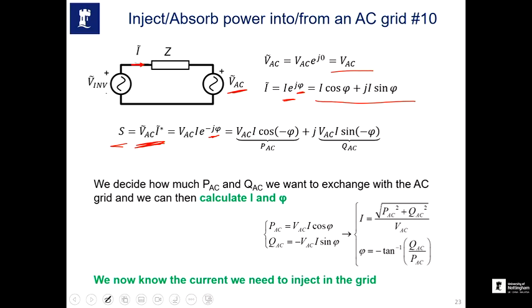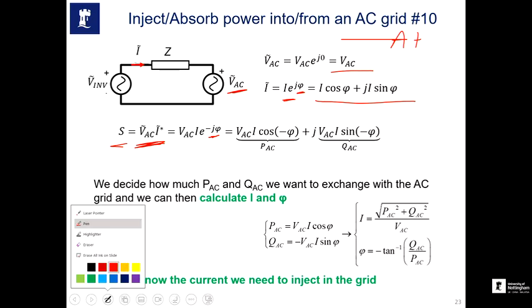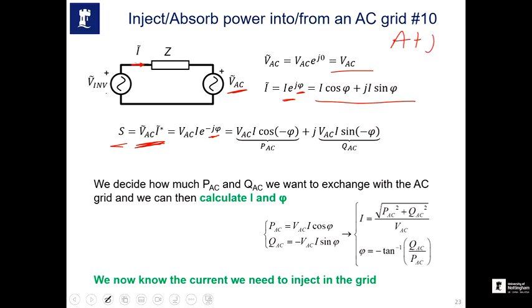Okay. Again, going back to the basics, if there is a complex number a plus jb, the conjugate of that is a minus jb, and in phasor, if it's I e to the power j phi as shown in here, the conjugate will be I e to the power minus j phi, which gives us the equation for the apparent power, which has two terms, as you can see, VAC, IAC cos of minus phi, which means cos of phi.